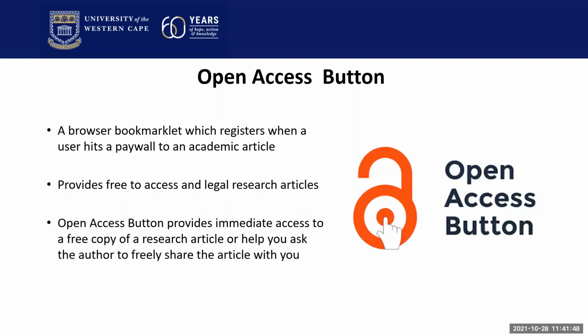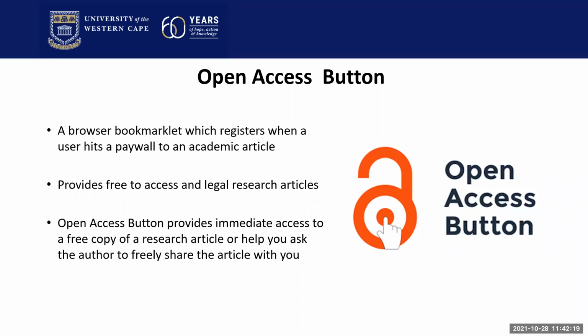The last browser extension is Open Access Button. Open Access Button also facilitates free access to legal research articles. It provides immediate access to a free copy of a research article. Then one added advantage that comes with using the Open Access Button is that it allows you to request the author to make the article freely available to you, should it not be available on their database.